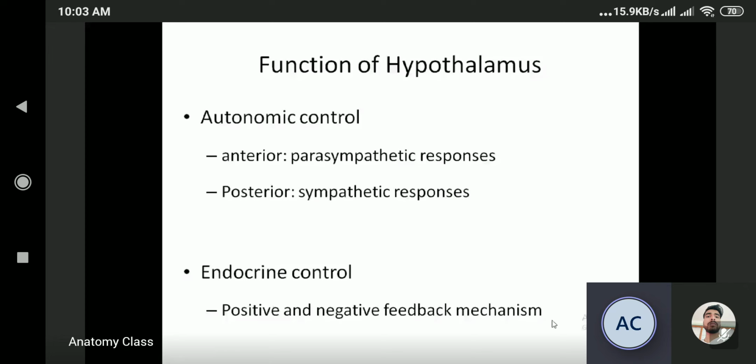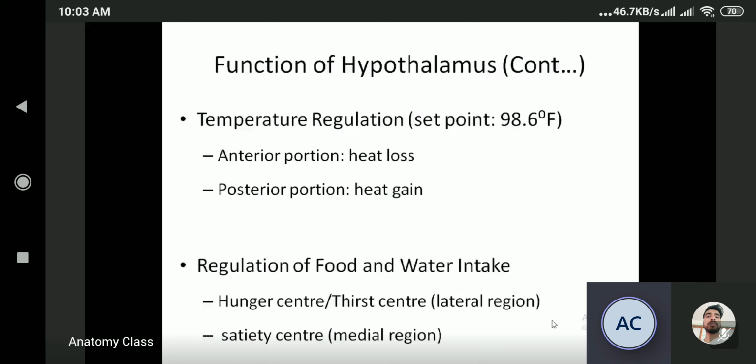The set point of our body is usually 98.6 degrees Fahrenheit or 37 degrees centigrade. So hypothalamus has a temperature regulatory function where there is a fixed set point. If the body temperature increases in comparison to the set point, it will go for the heat loss mechanism, and if the body temperature decreases in comparison to the set point, it will go for the heat gain mechanism.